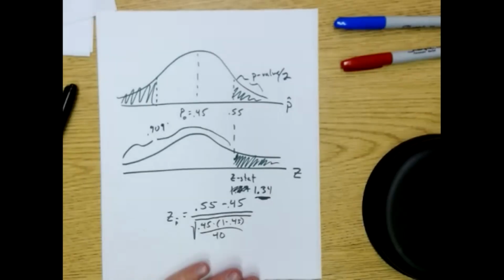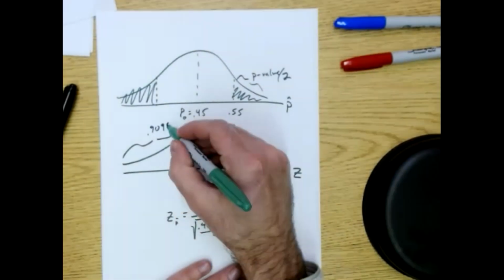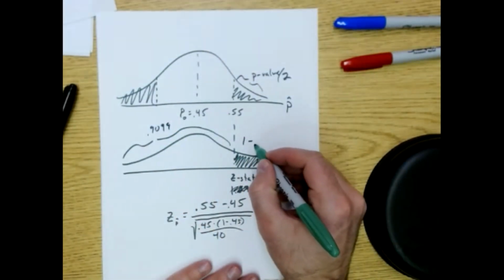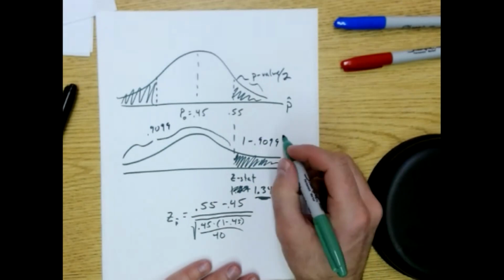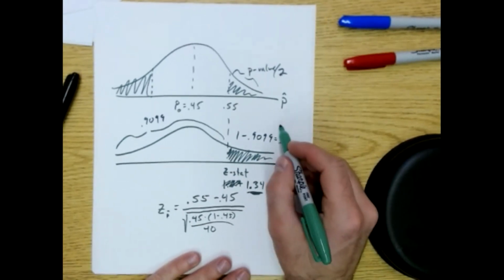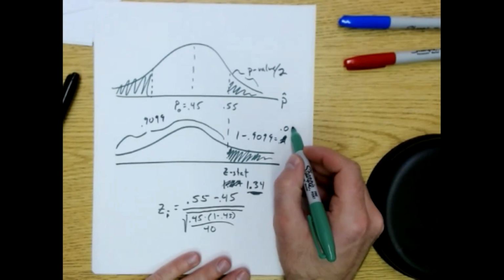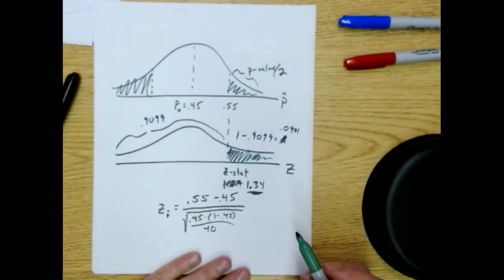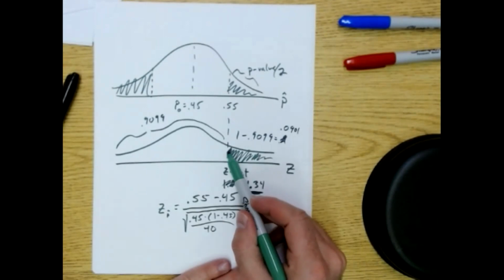I did say it wrong at first. So 1 minus that is 0.0901. So that's the area in this tail.